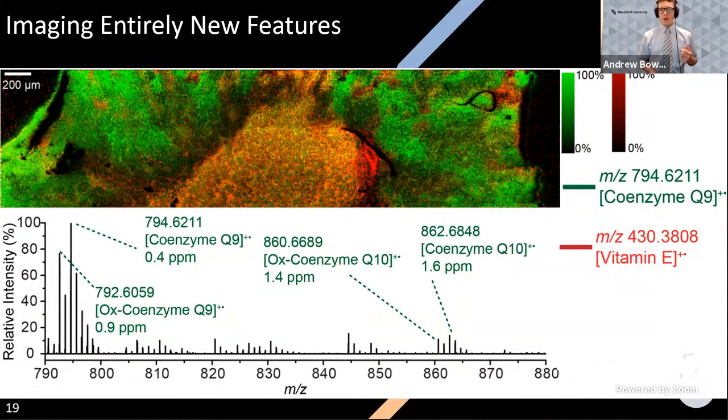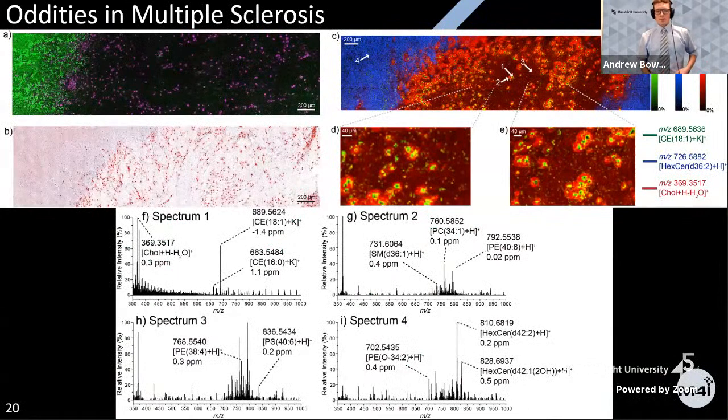This is coenzyme Q9 and Q10. These do not show up at all in normal MALDI, but they radicalize very readily in MALDI-2. And then you can also see that we're able to separate those out from our vitamin E, which is centered more toward the inner parts of the kidney.